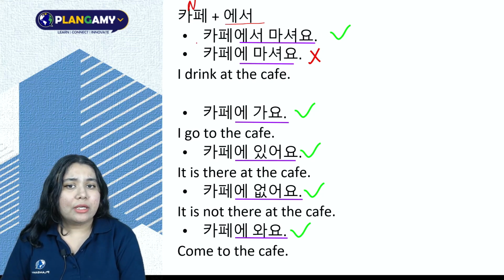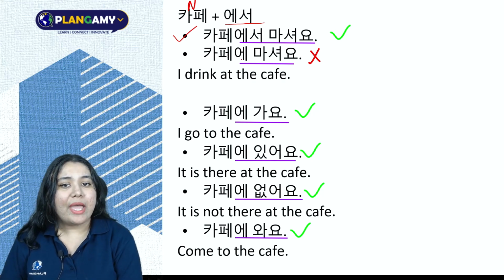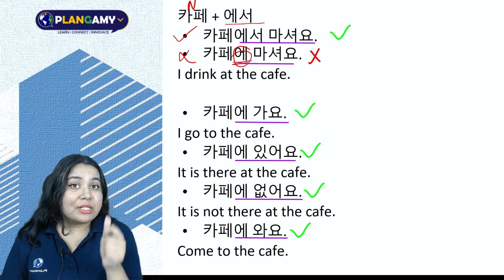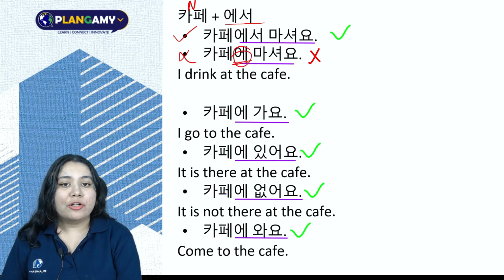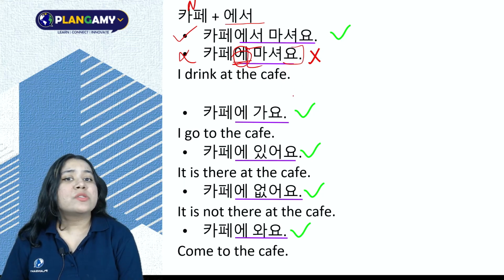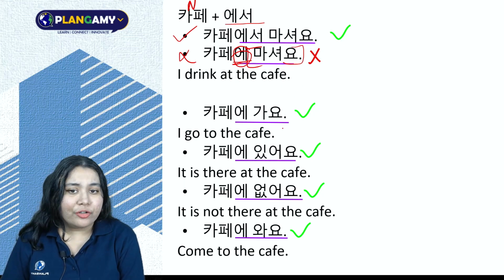Okay, perfect sentence. But if I say 카페에 마셔요, this would be wrong. This should be 에서. Anything except 가요, 와요, 있어요, 없어요. So this is neither of those 4. 마셔요, drink, would be grammatically wrong.